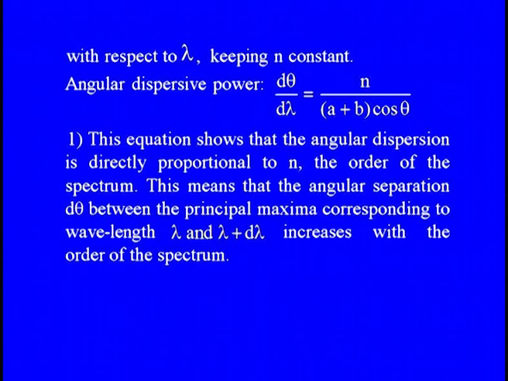This means that the angular separation d theta between the principal maxima corresponding to wavelength lambda and lambda plus d lambda increases with the order of the spectrum. Therefore, the second order spectrum is twice as wide as the first, and so on.